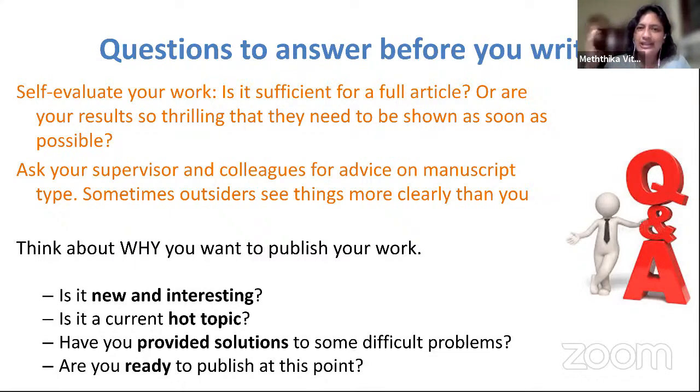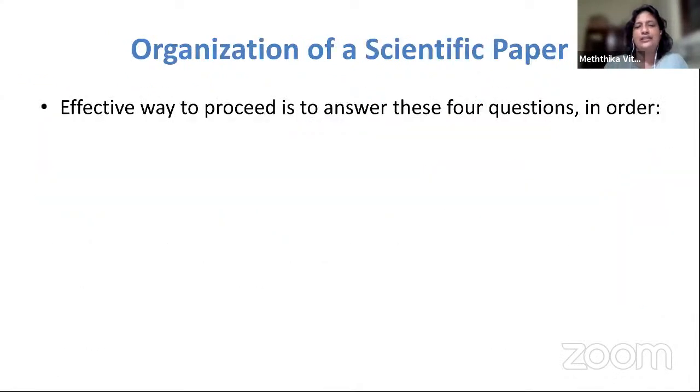So you need to think generally about whether this data is interesting to somebody else, whether the data are new, and is it a current hot topic? Have you provided some solutions to a problem that you are seeing in this world? And are you ready to publish now? Right? So you must ask these questions of yourself and do a self-evaluation.